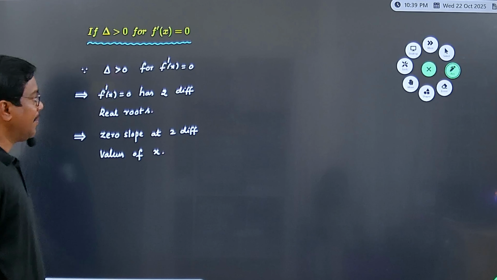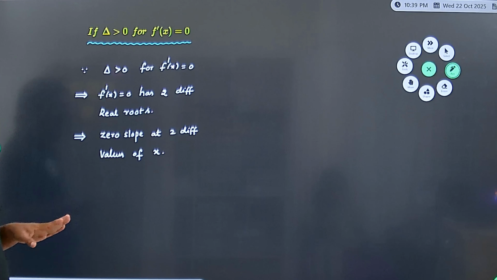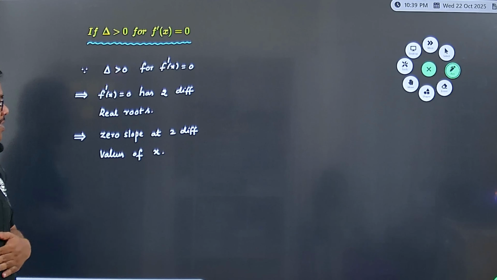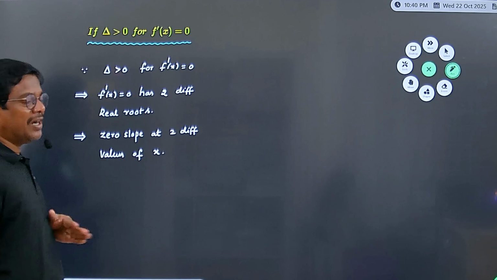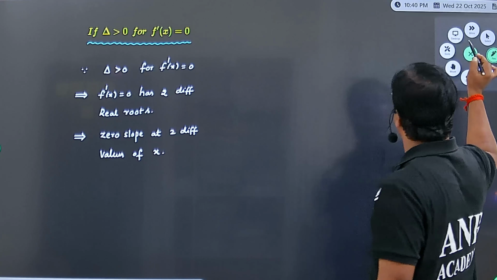The meaning here, let us draw different cases to make the slope of the function f of x 0 at 2 different values of x. Let us see geometrically.